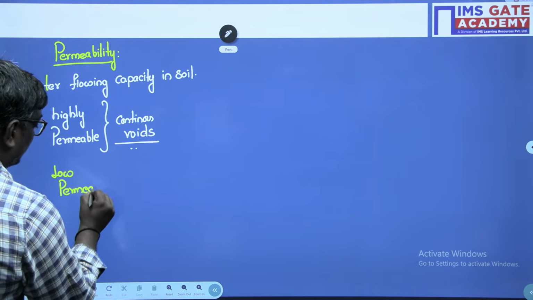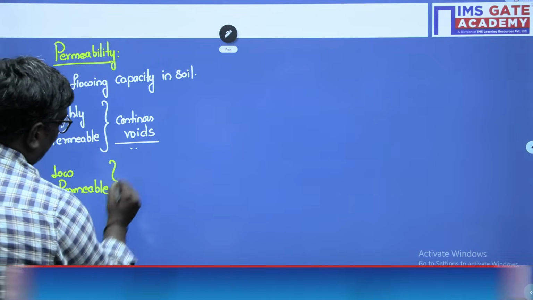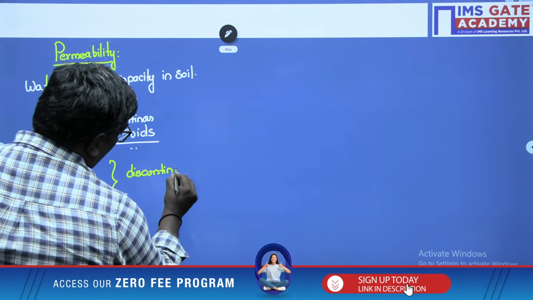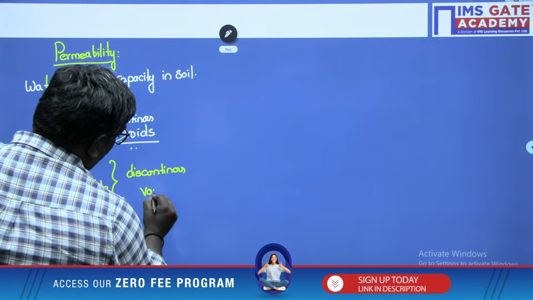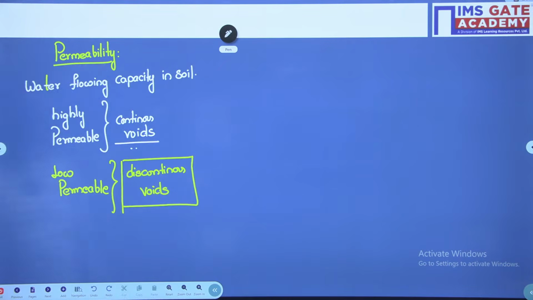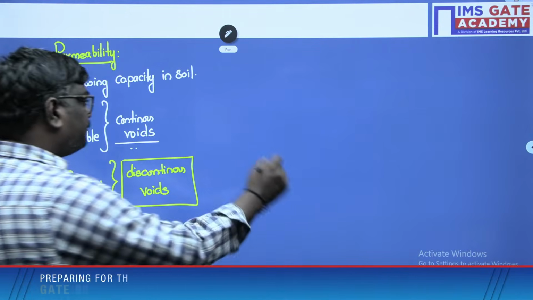If it has discontinuous voids. A soil is highly permeable if it has continuous voids, and low permeable if it has discontinuous voids. Agree, my dear students?